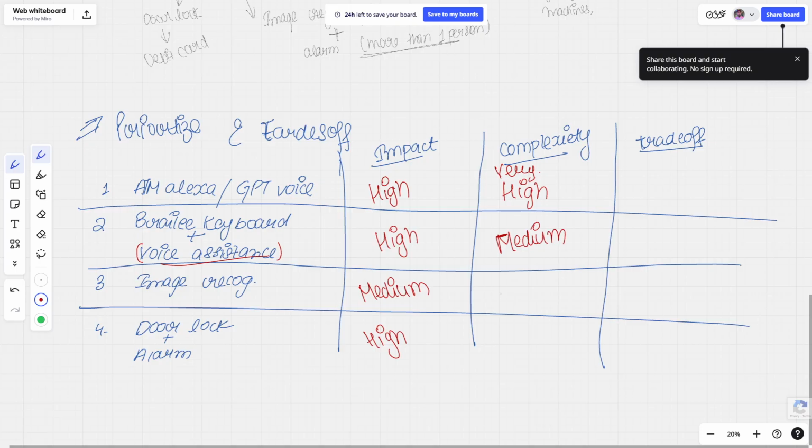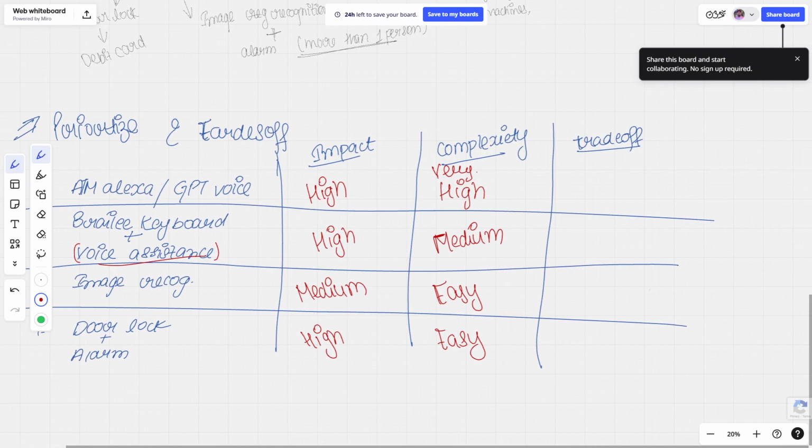Image recognition, we have to just install the camera, so this should be easy, and door lock is also an easy part. So when we talk about Alexa and GPT, the trade-offs could be that the language model or the GPT might misunderstand what is asked.